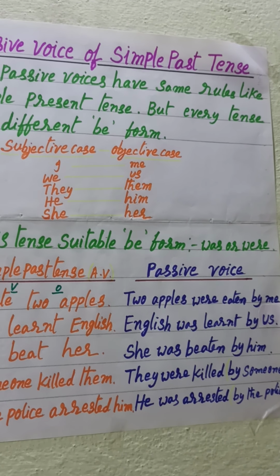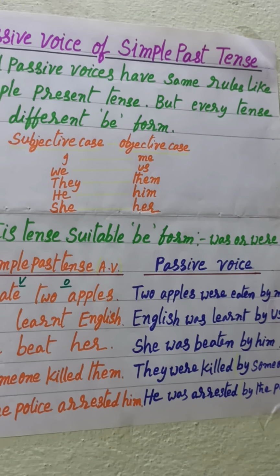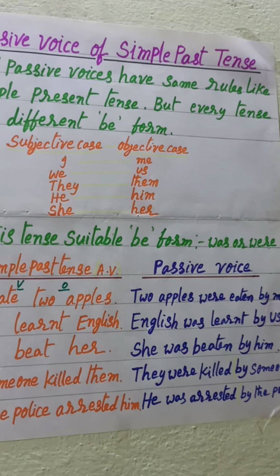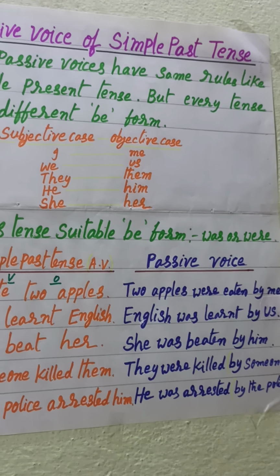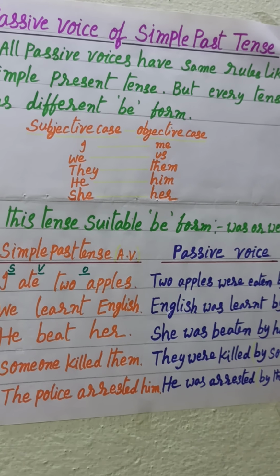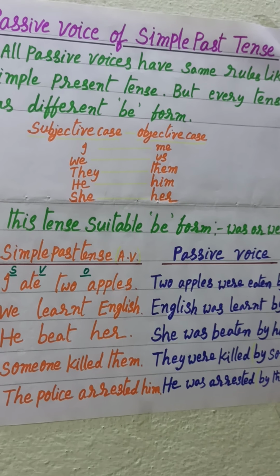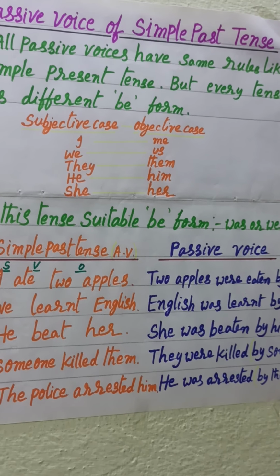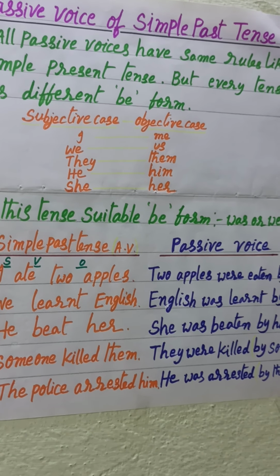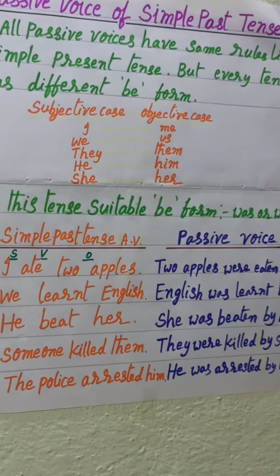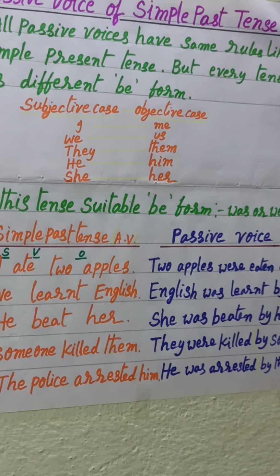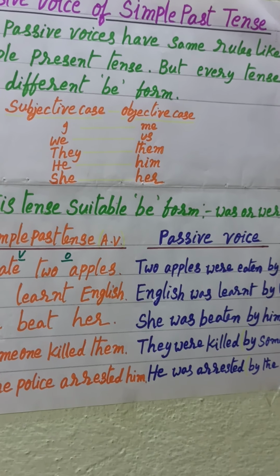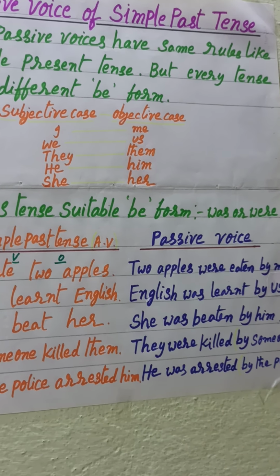Here, there is no need to say by whom. Or if we want it very simple, we say they were eaten, because she already used 2 apples, so we don't repeat 2 apples.